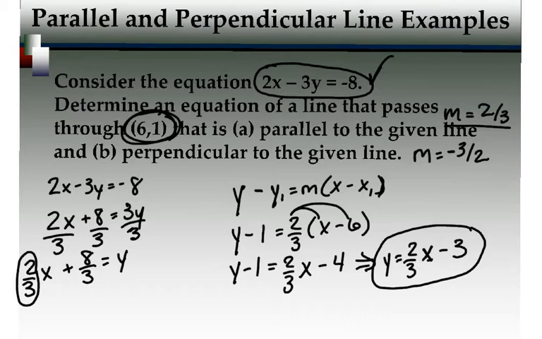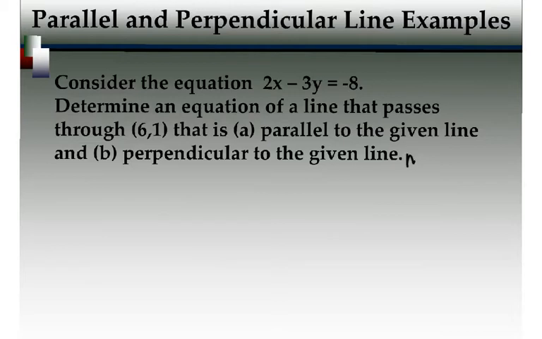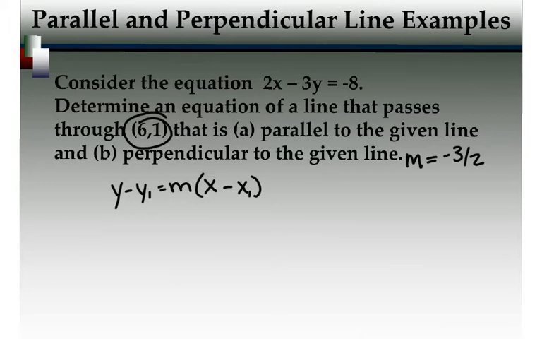Now, let's use the same point and this new perpendicular slope to find the equation of that line. We know the slope is -3/2, and our point is this. So y minus y1 equals slope times x minus x1, using the point-slope formula. Plug in everything you know.